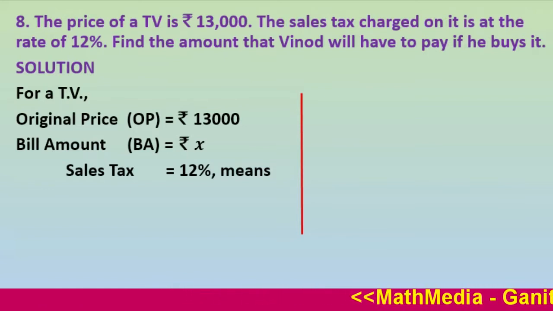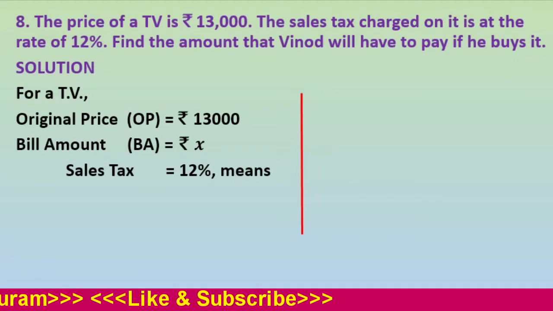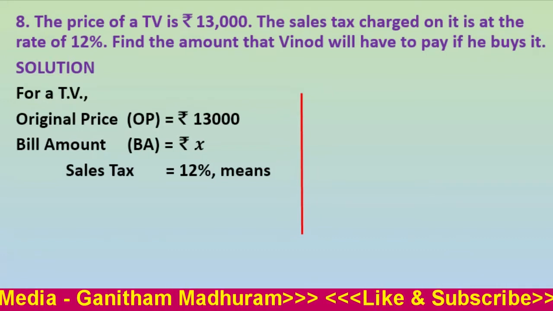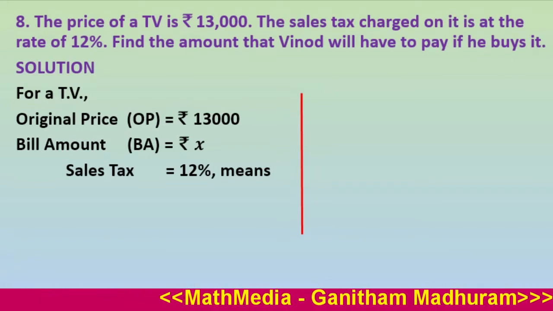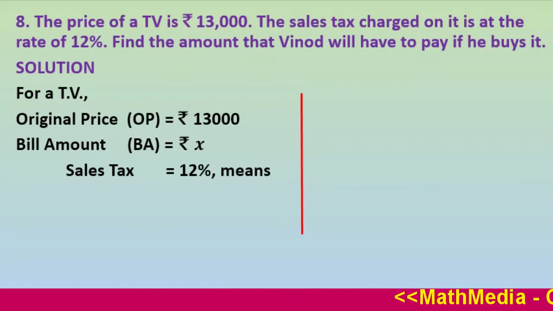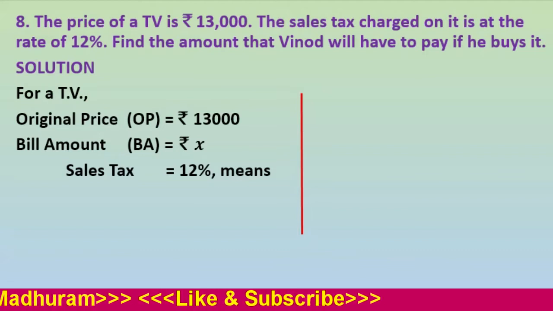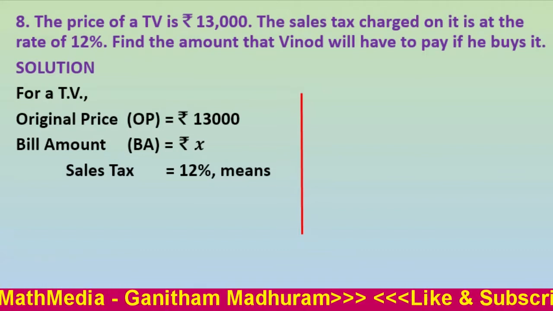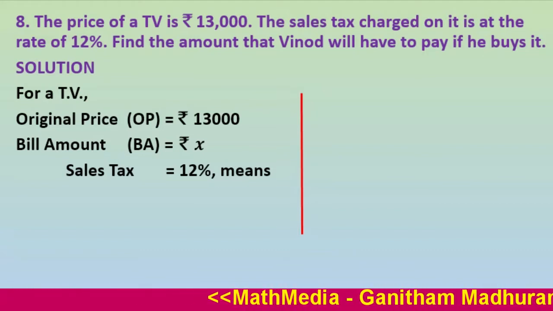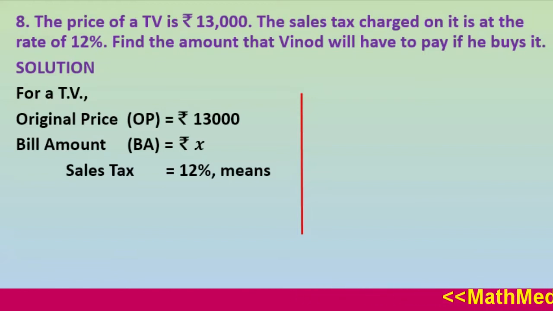Whenever a percentage is given, it means out of 100. Here what is the base? That is the original price. That means the original price is rupees 100. What will the bill amount be? It is added with the tax. Here tax is 12%.